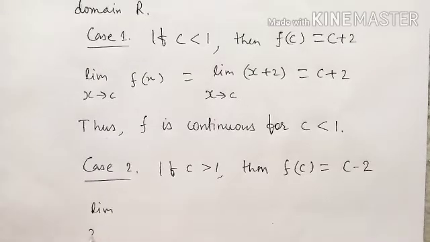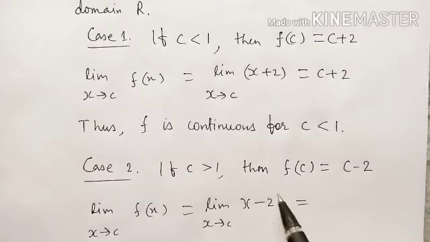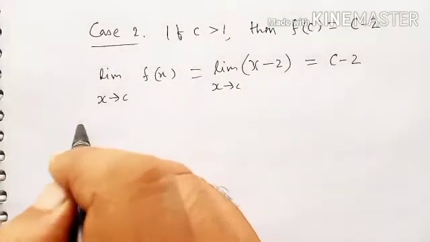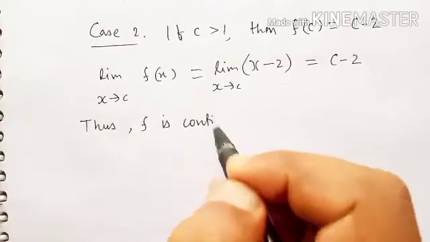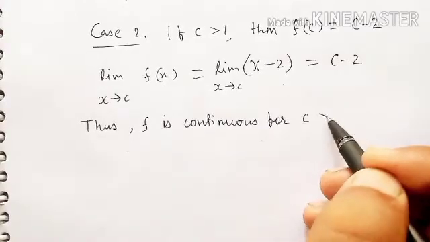Limit x tends to c of f(x), limit x tends to c of x - 2, this is c - 2. So they are equal. Thus f is continuous for c greater than 1.